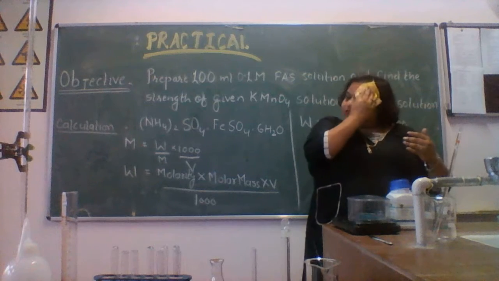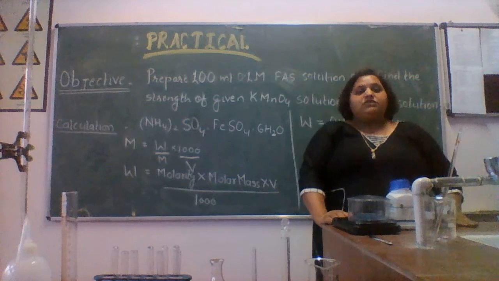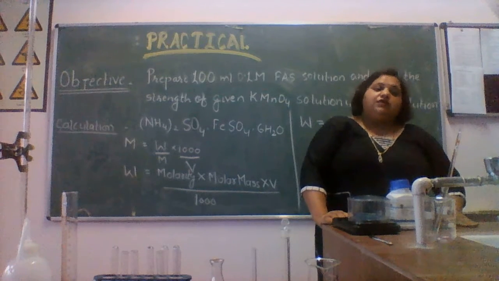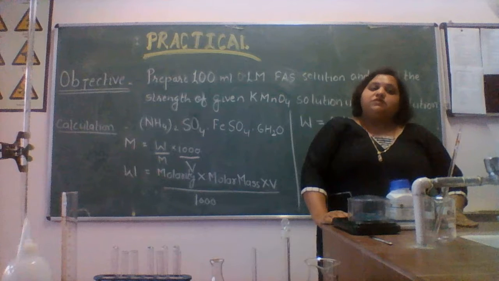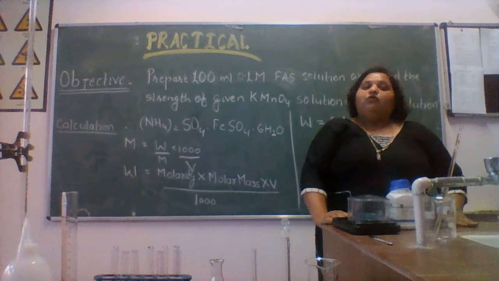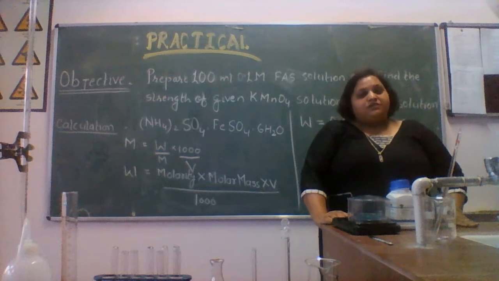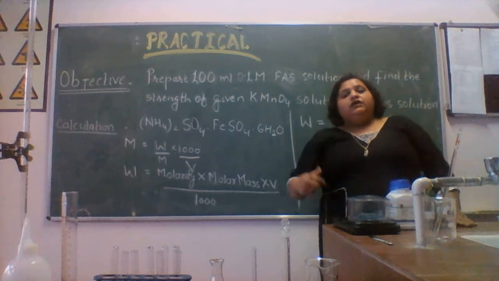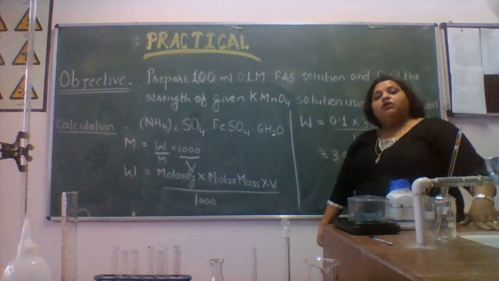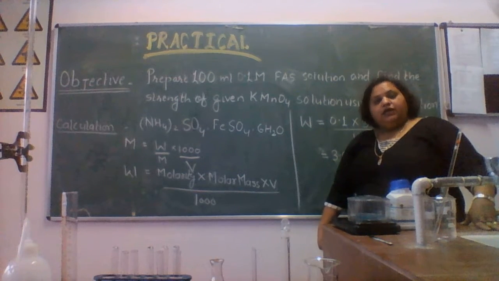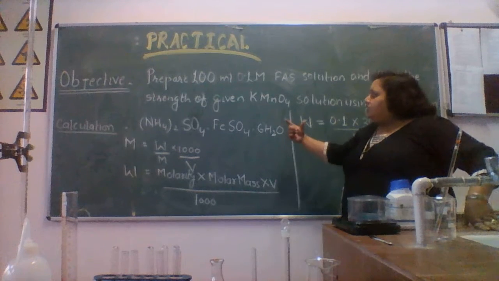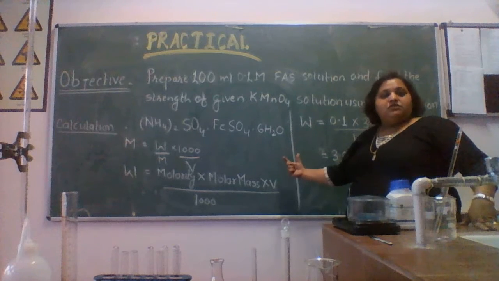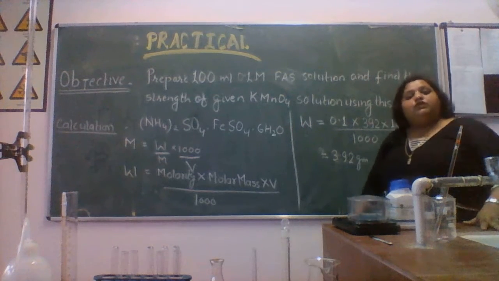The titration experiment is volumetric analysis, where by the concentration of one known substance you can find out the concentration of another substance on the basis of a chemical reaction. Here, this experiment is based on oxidation and reduction. In this case, the iron in ferrous ammonium sulfate undergoes oxidation and KMnO4 is reduced.